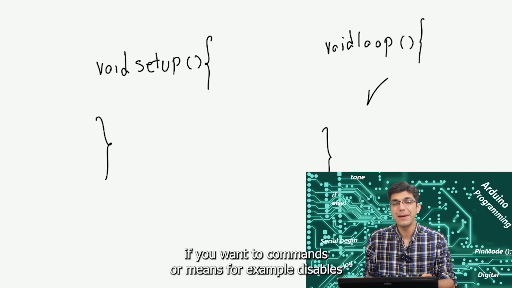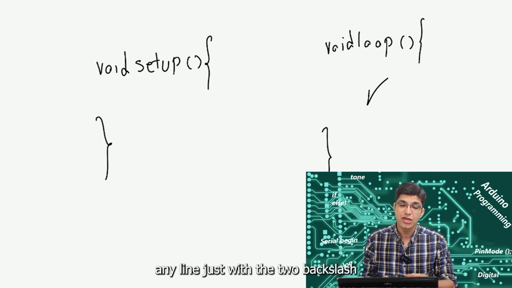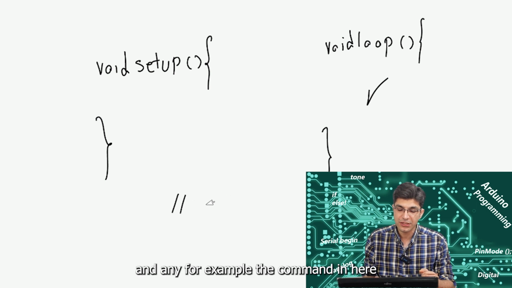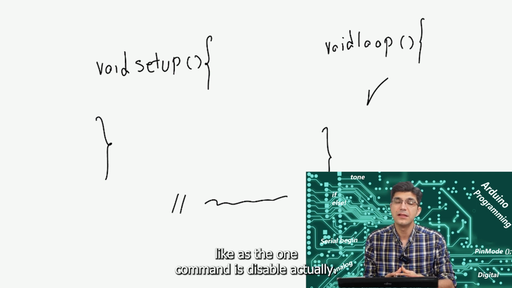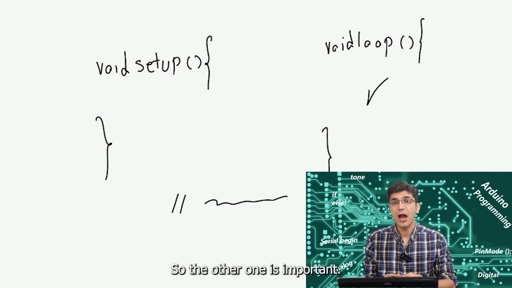If you want to comment, meaning disable any line, just use the two backslashes, and the comment is considered by Arduino as disabled.